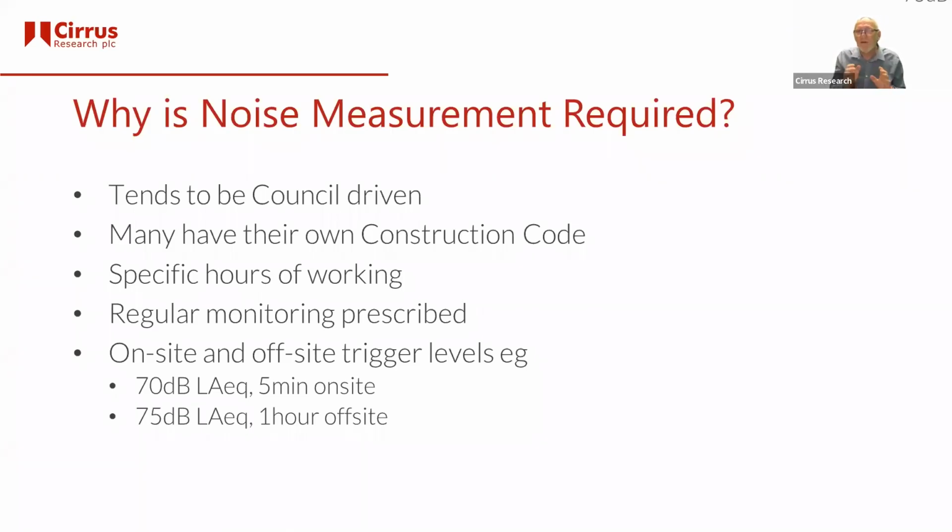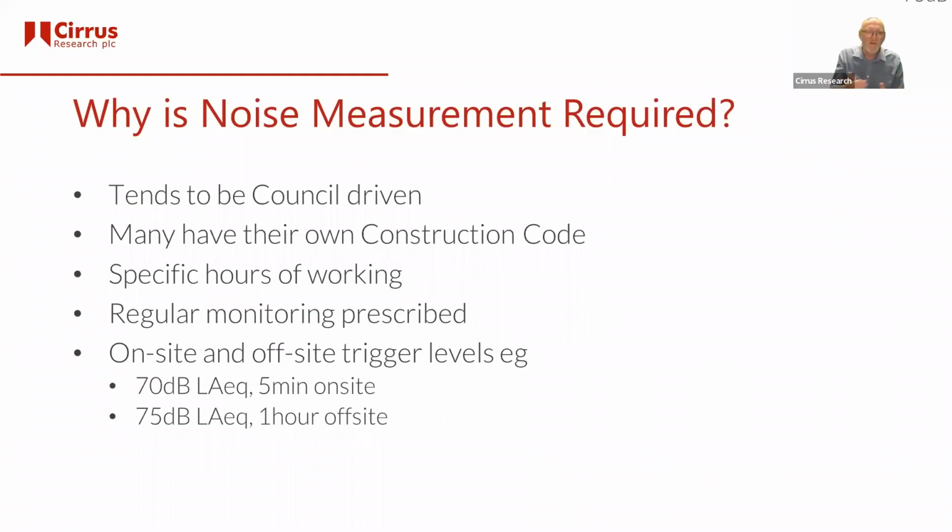They will prescribe whether regular monitoring is required and what that monitoring entails. It may, as I mentioned earlier, recommend different methods of construction or different types of equipment that you should use, but it varies depending on the local authority area you're in. And it may prescribe the levels that you're supposed to both measure and monitor yourself against.